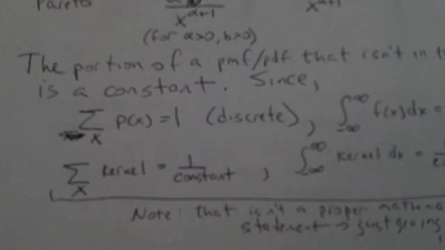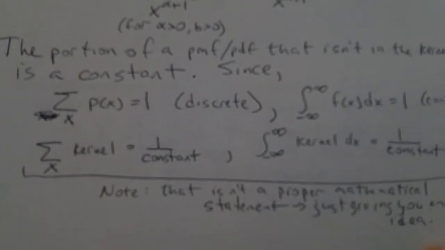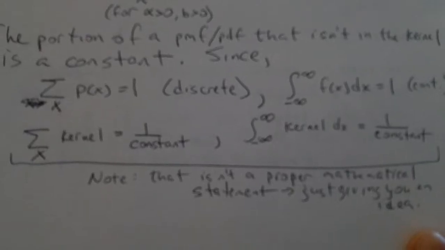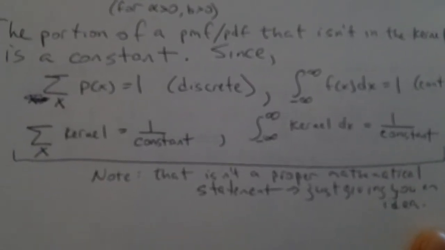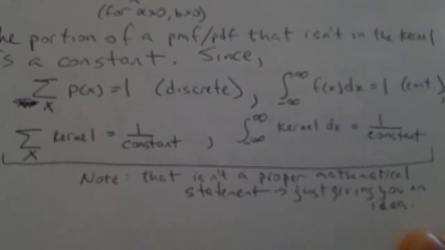So now the purpose of talking about a kernel is the fact that at times it's going to make things a little bit easier in terms of the integration or the summation, but we know that the sum or the integral of the mass or PDF is 1.